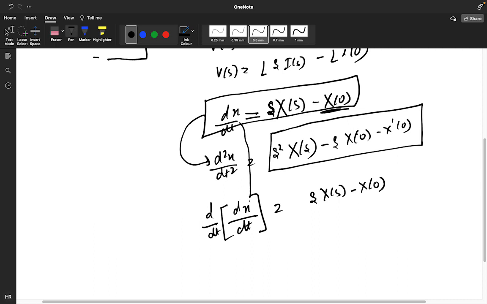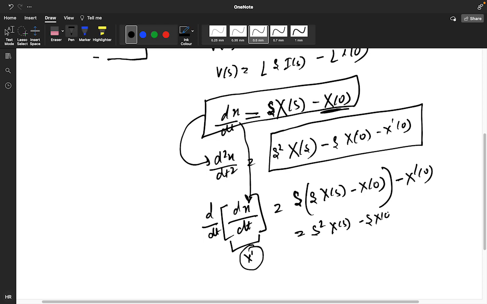Again one differentiation is coming, so that's why another S will come, and this is your x dash value, meaning the differentiation value, so it will be subtracted by x dash of 0. So what we are getting: S square X of S minus S x of 0 minus x dash of 0.